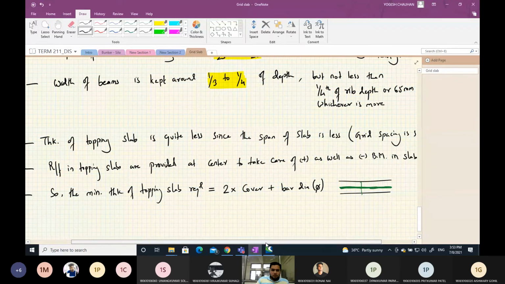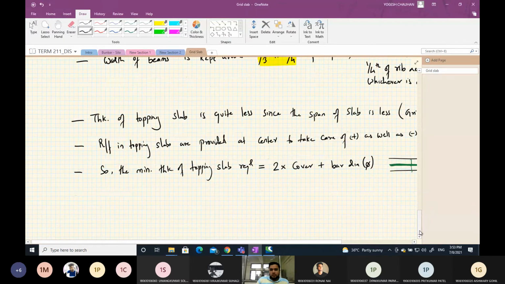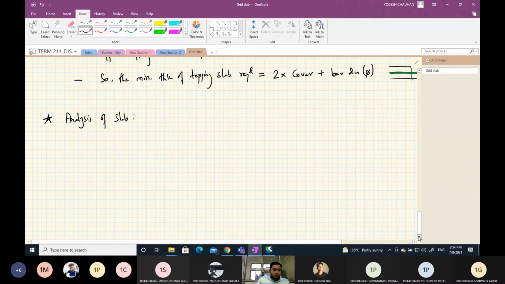So next is how to analyze such slabs. Next is the analysis of slab. There are various methods of analysis.